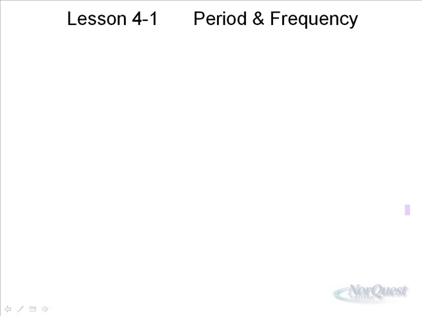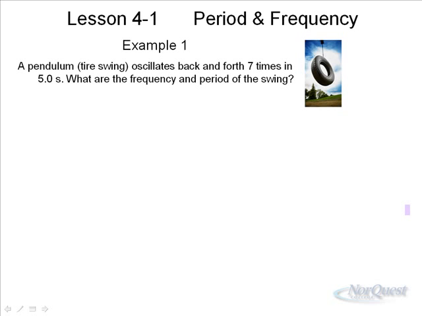So we can practice these two concepts by looking at a simple example. A pendulum or tire swing oscillates back and forth 7 times in 5 seconds. What are the frequency and period of this swing? So, of course, we use our two definitions for frequency and period from the previous page, and we say that frequency is the number of events in a given period of time, in this case 7 events or 7 oscillations in 5 seconds, and we end up with 1.4.